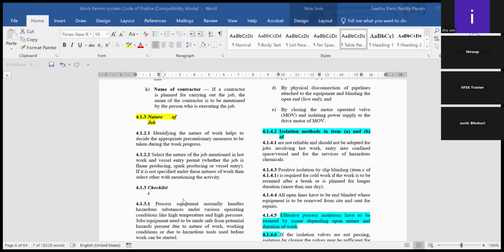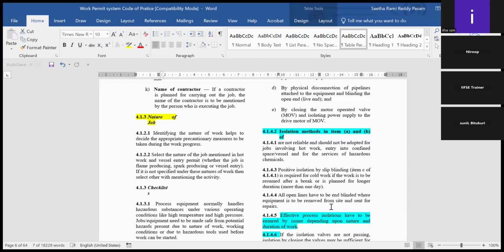Actually, if any SOP is there, is it required to take this work permit? Definitely. Without an SOP, you can't perform anything. It is the same way we talk about the code of practice. Similarly, you should have an SOP based on your organization. There you have to mention all these conditions, like the number of permits and what is meant by cold work.